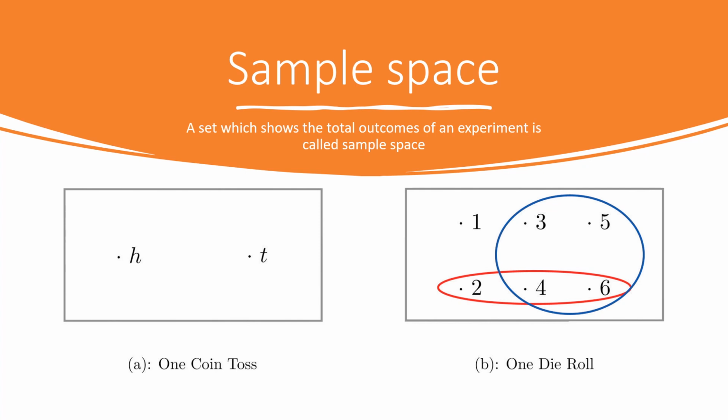It's like either a head or a tail. Similarly, when you are rolling a die, then you will have an outcome of 1, 2, 3, 4, 5, 6 numbers. So that complete set of outcomes, we call it as a sample space. So do remember this.